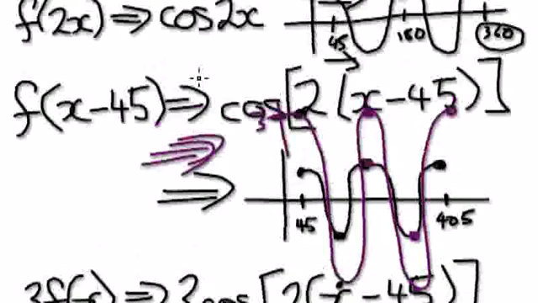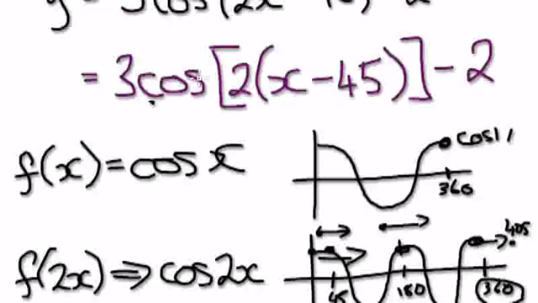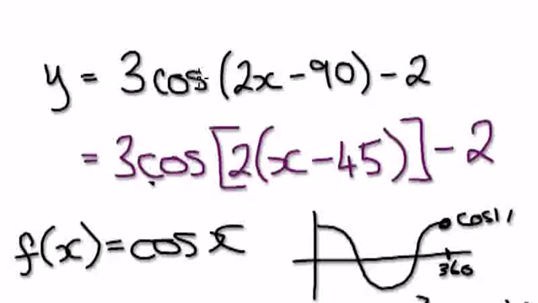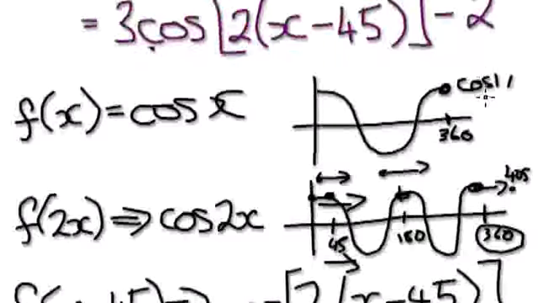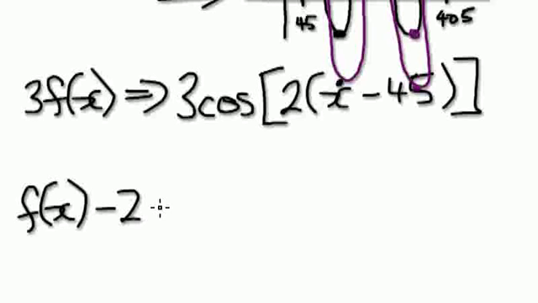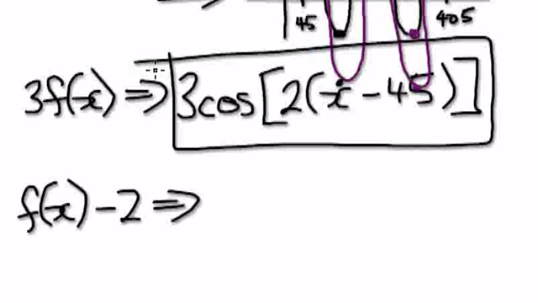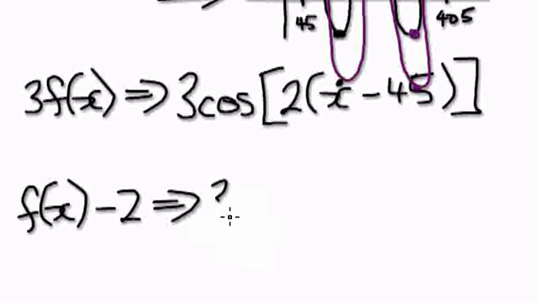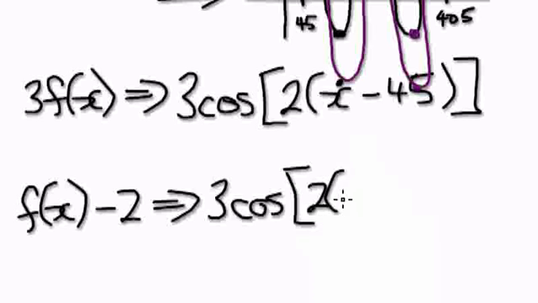Going back to here, our last transformation would be this negative 2 here. Everything stays the same, and then we minus 2. So everything staying the same means the whole thing stays the same. So it would be this, 3 cos 2x minus 45.